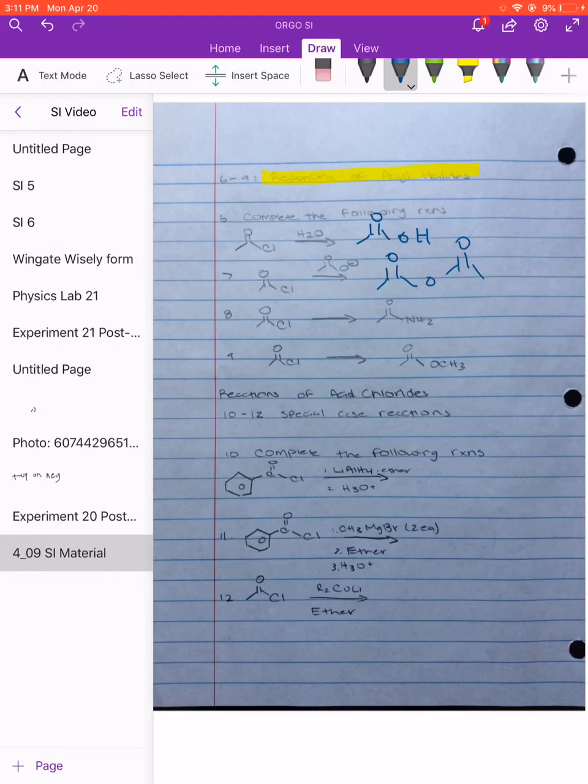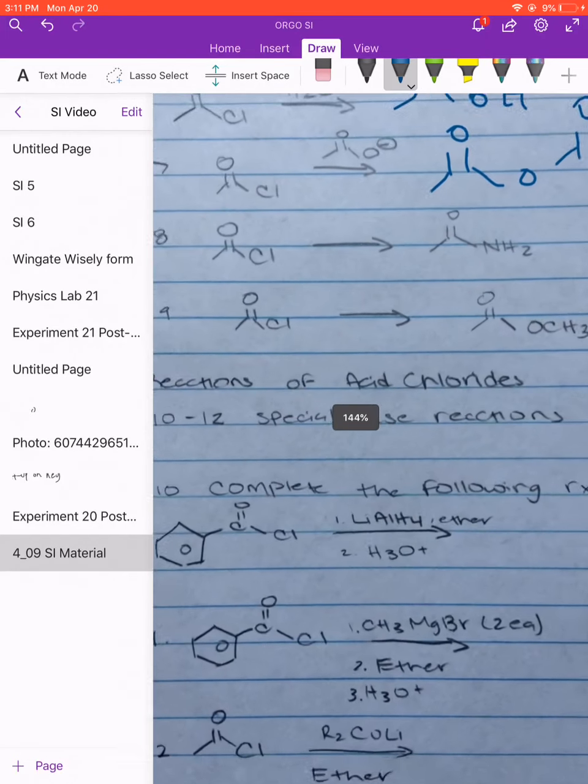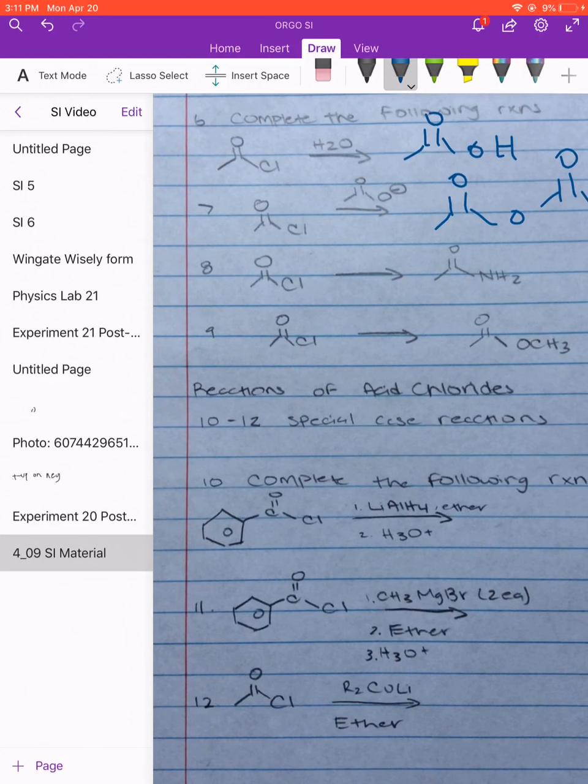And what about making an amide from an acid chloride? So we know that we need 2 equivalents of this amine group. That's way too big, I gotta magnify. So here we go.